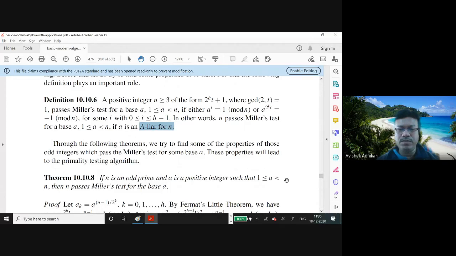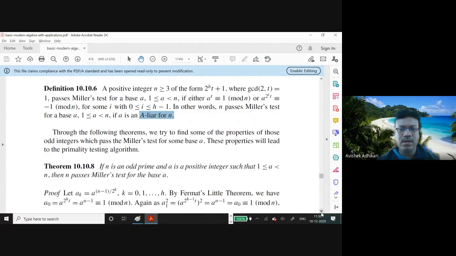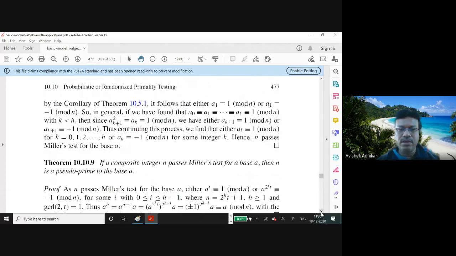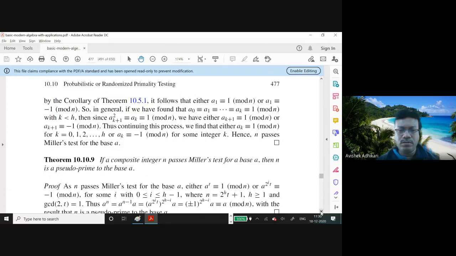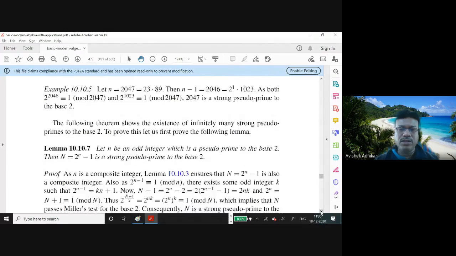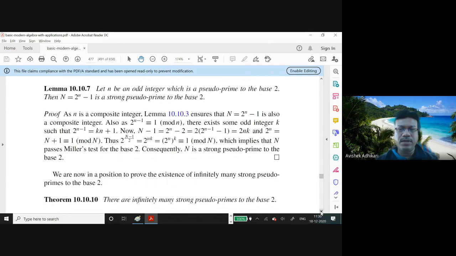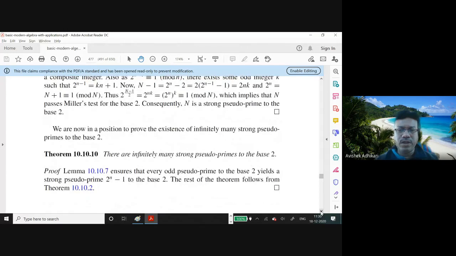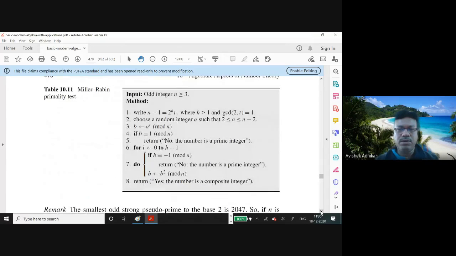To prove that the Miller-Rabin test works properly, that it really gives you the correct answer, you need to have some proof, and the proofs are a little bit involved. Not very complex, but a little bit involved. So if you're interested, you can certainly have a look at this.